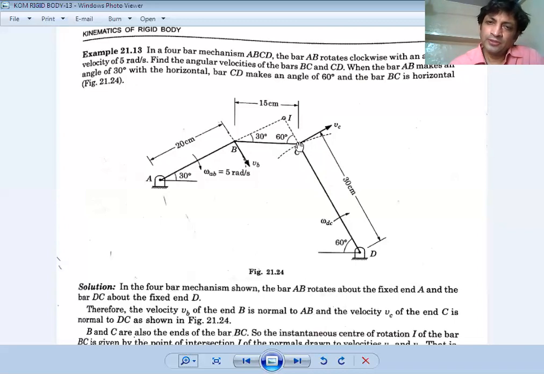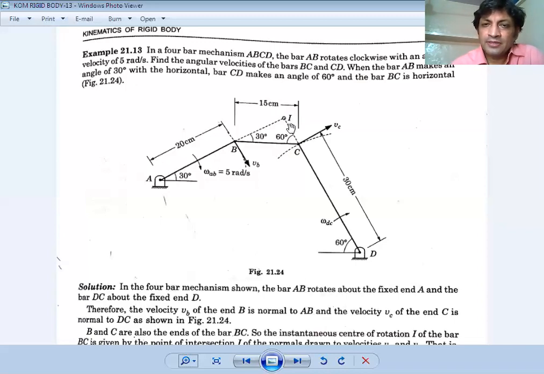So to find the velocity VC, we draw a perpendicular at the tail of VC and produce it in the upper direction. Where these perpendiculars from B and C meet, that point is I, the point of intersection, the instantaneous center.